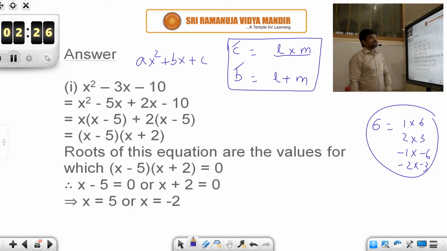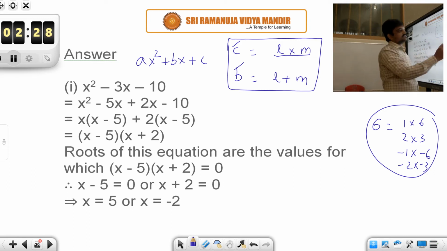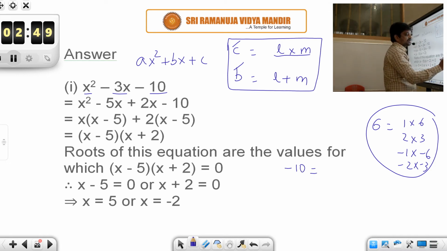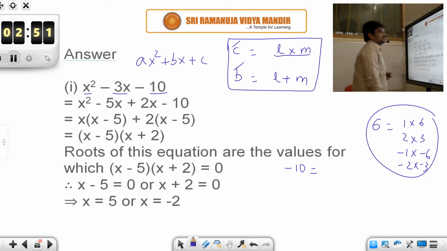Okay students, so if you could choose such numbers, then you are almost done. Then it is very easy to factorize. So now let's get back to the question. x square minus 3x minus 10. First of all, let's look at the constant term, minus 10. Now tell me, in how many ways could you write minus 10 as a product of two numbers?